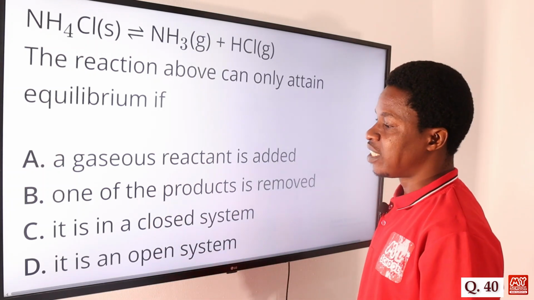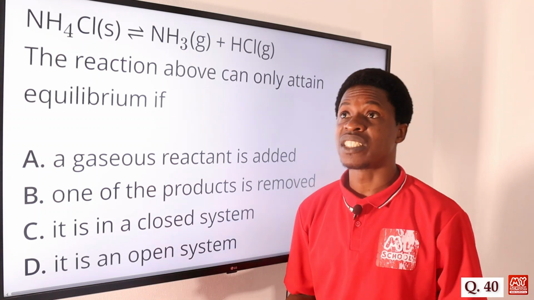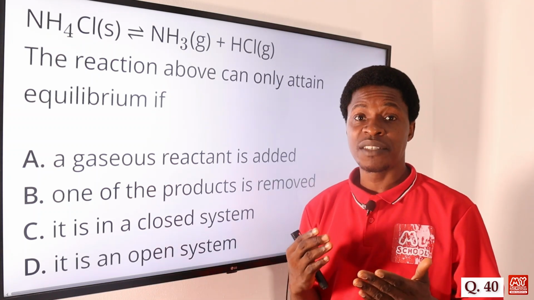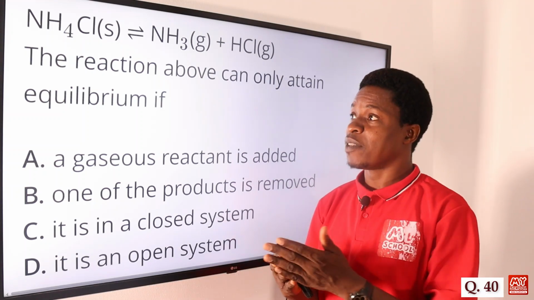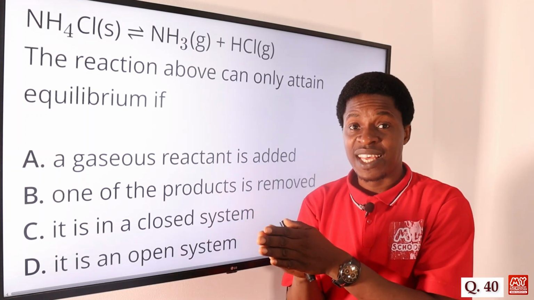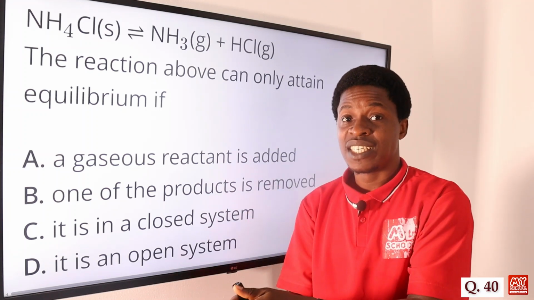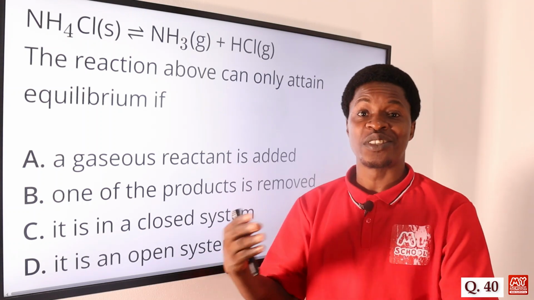Option C says it is in a closed system. Well, what is a closed system? In a closed system, usually the reaction will continue until the concentration of the reactant begins to increase, just like the concentration of the product also continues to increase.